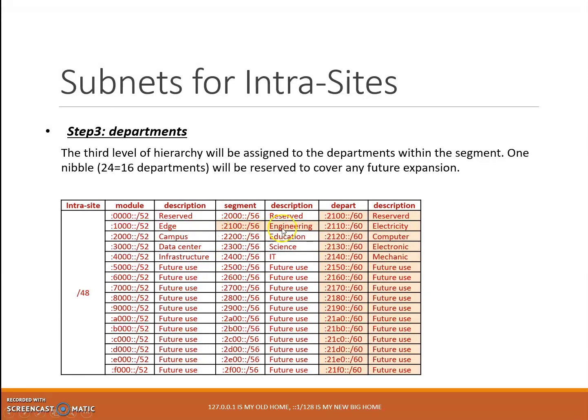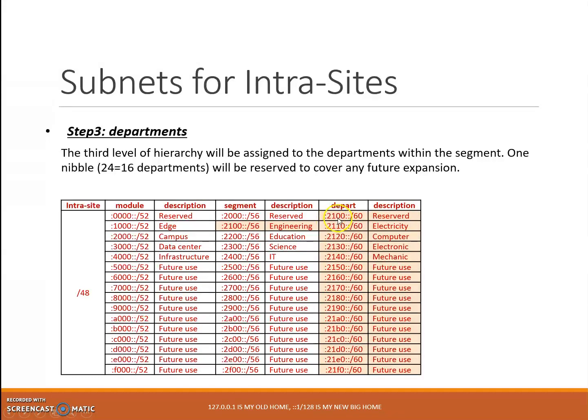Now in this table we mention the department numbers and descriptions within the engineering segment. So 2 for the campus module, 1 for the engineering, and we reserve the third hexadecimal character for the departments.